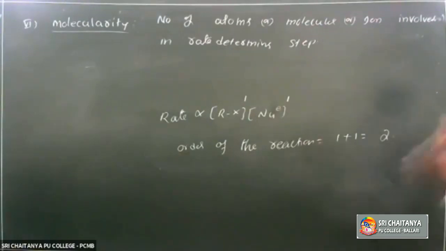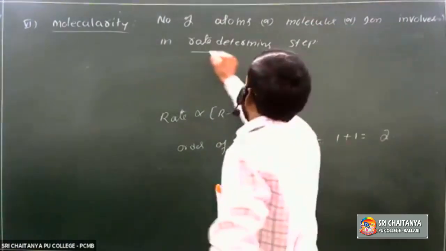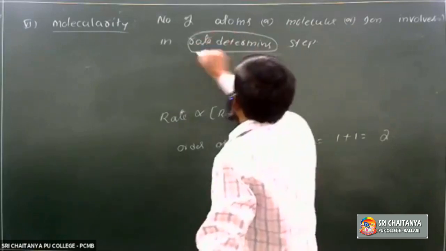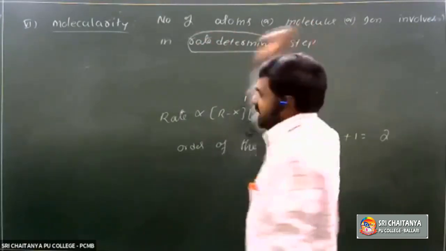So the number of species involved in the rate determining step is called molecularity.